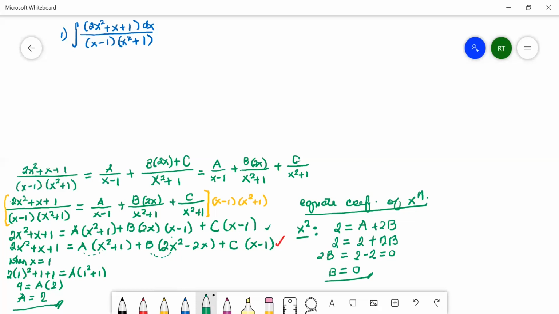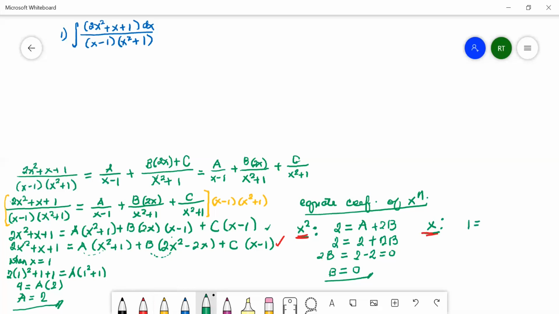To determine the value of c this time, we will equate coefficients of x. Look at the left member. We have an x term here, so we have x and the numerical coefficient is 1.